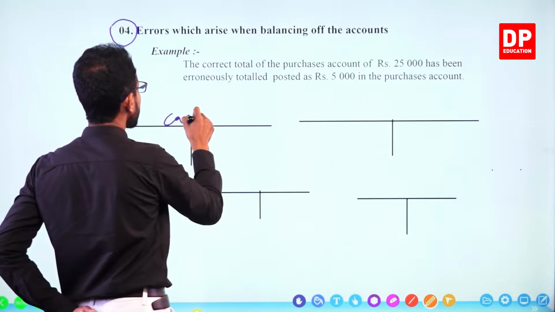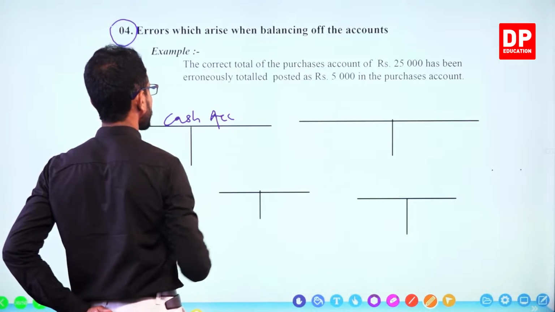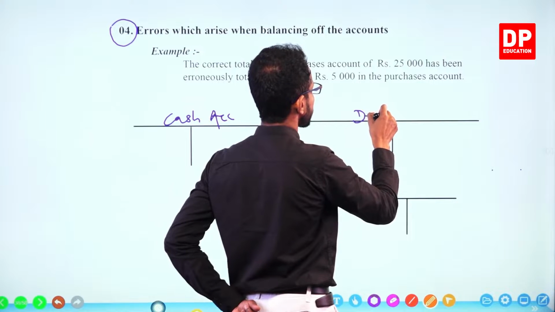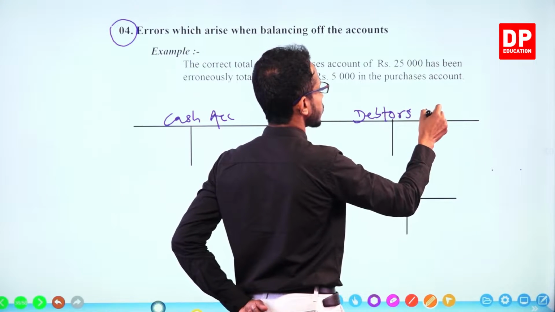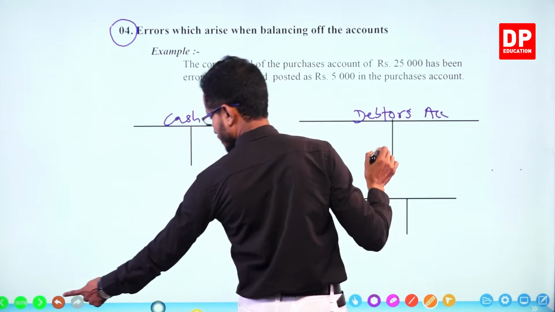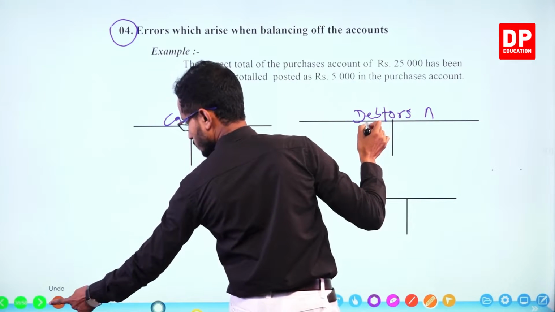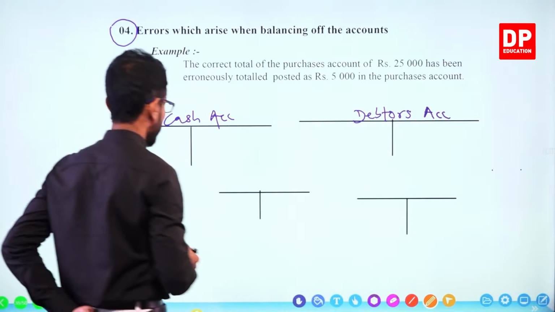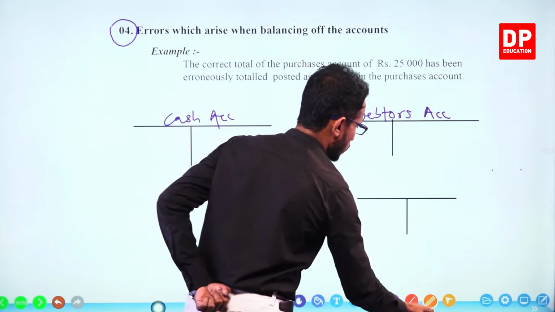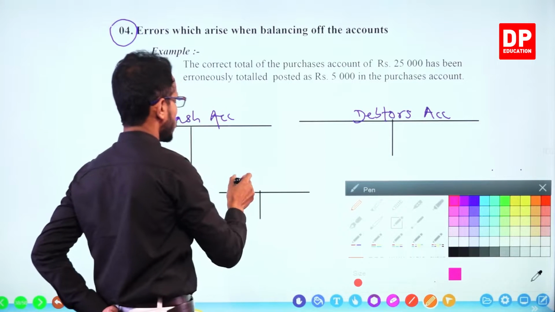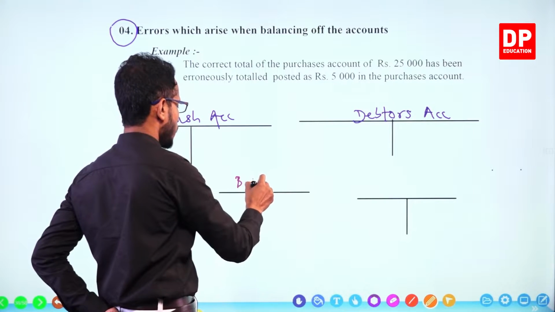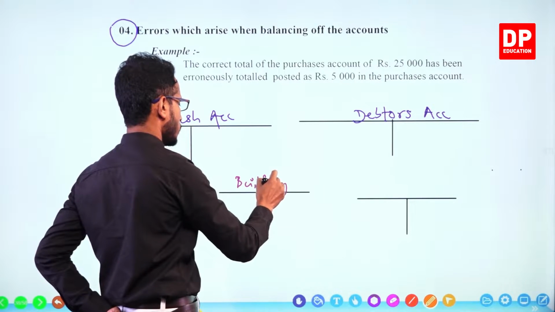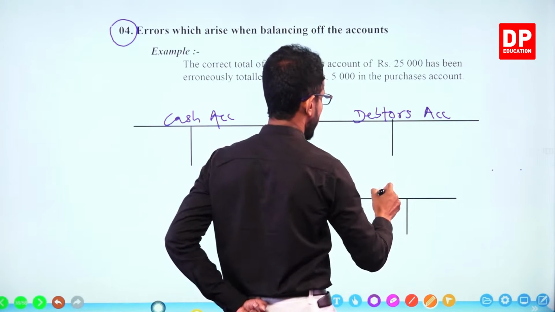Let's say this is the cash account and this is a debtors account. And say that this is an asset account like building, and bank loan.